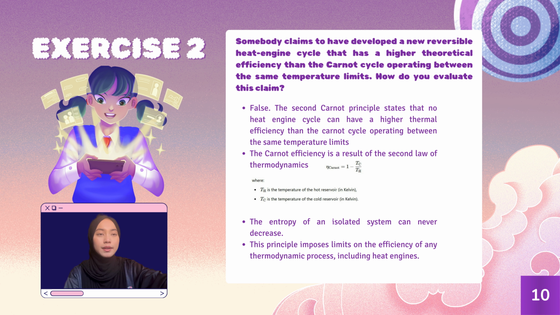According to this, the second law of thermodynamics asserts that the entropy of an isolated system can never decrease. This principle imposes limits on the efficiency of any thermodynamic process, including heat engines. Therefore, this concludes that no reversible heat engine can have a higher efficiency than the Carnot cycle for the same temperature limits.